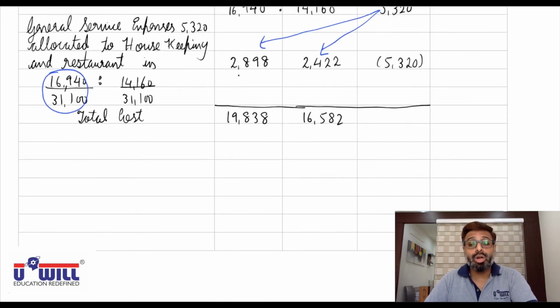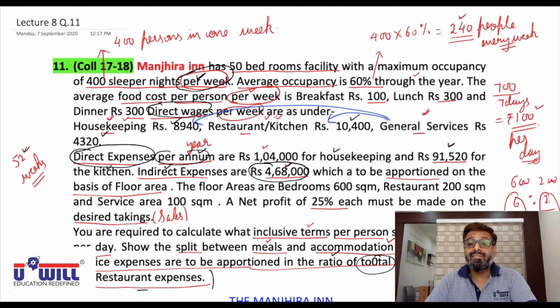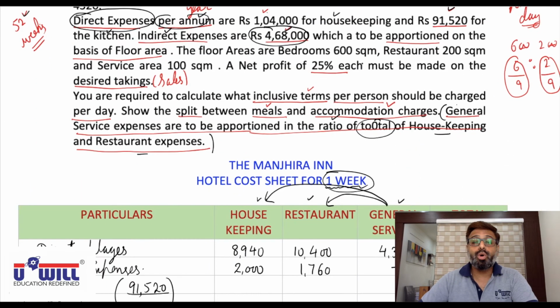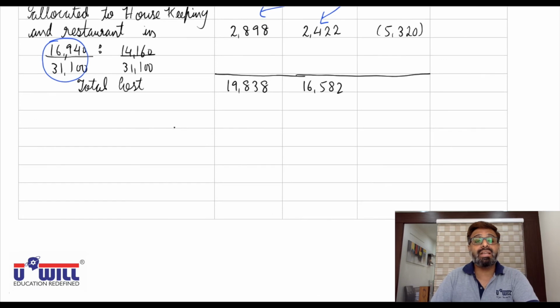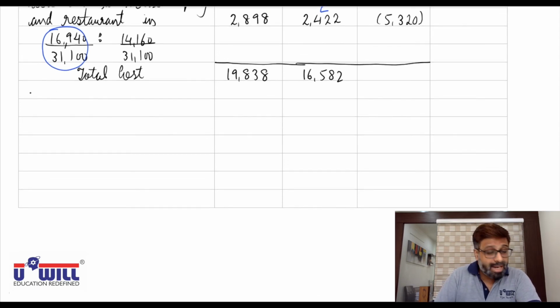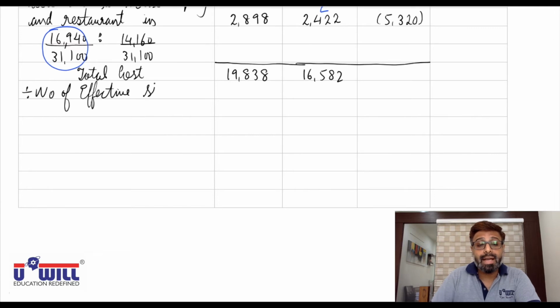Now this is the total cost for 1 week, and in 1 week on an average 250 people will come to stay. So what is the cost per person per day we have to recover? So here we will divide it by number of effective sleeper nights per week.